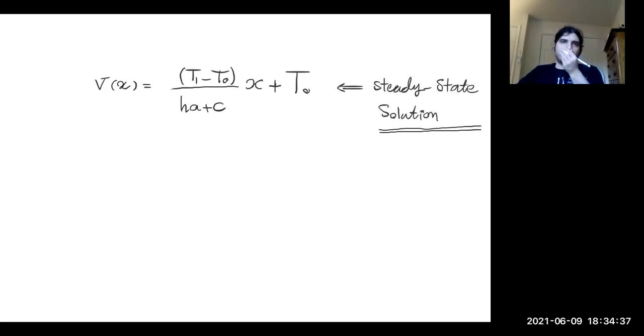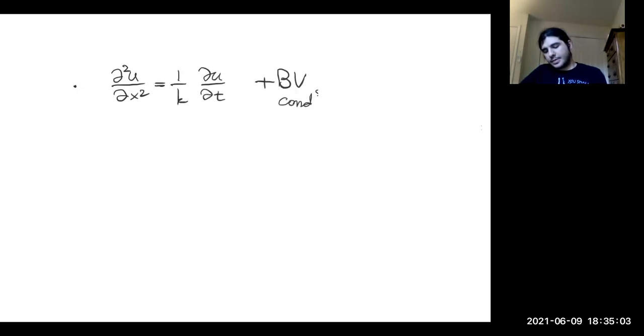Okay. Yeah. Okay, let's see. Great. So we had this partial differential equation, plus boundary value conditions, plus initial condition.